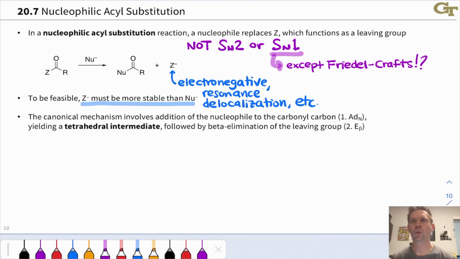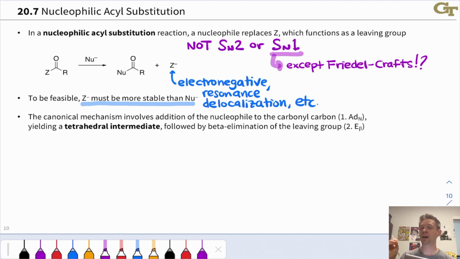All right, so the mechanism is not SN2 or SN1. What is it? Well, here again, it's helpful to think back to prior studies of aromatic chemistry. We've seen dissociative substitution. That's the SN1 reaction where the leaving group pops off and the nucleophile comes in. We've seen concerted substitution. That's SN2, where the nucleophile comes in and the leaving group departs at the same time.